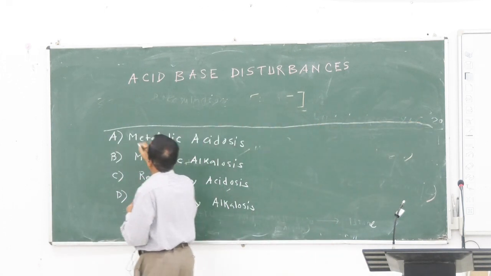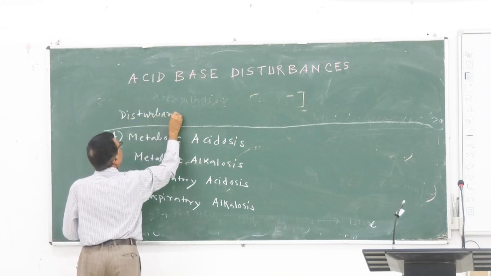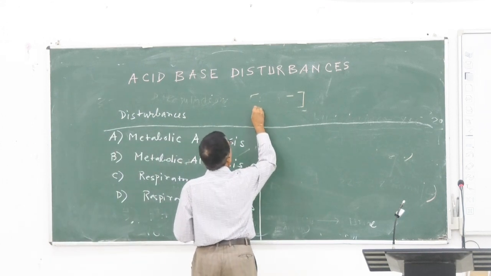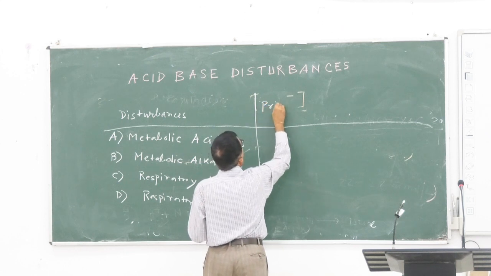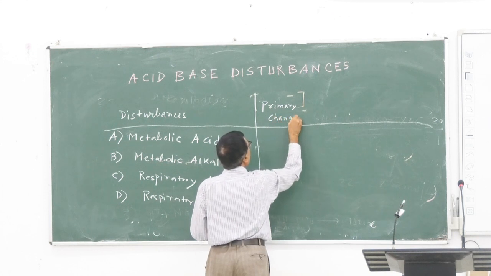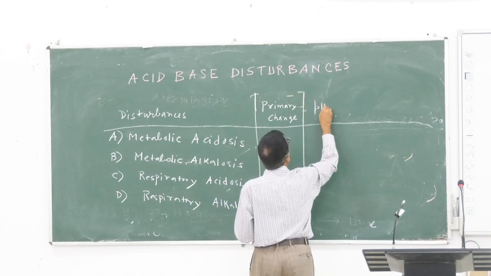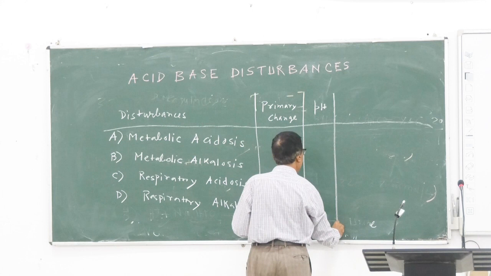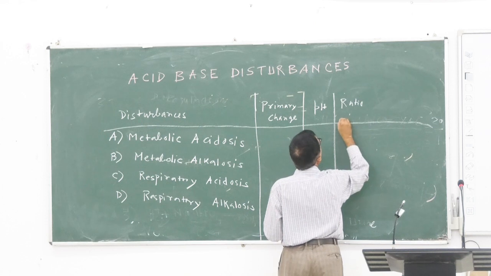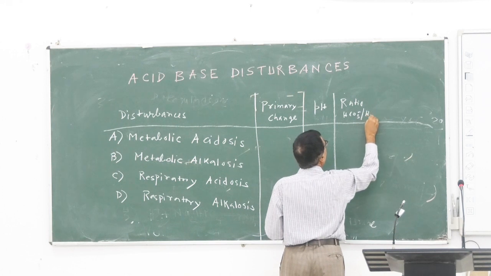So this is the disturbances. এই ডিস্টারবেন্সের প্রাইমারি চেঞ্জ কি হয়? একটা হচ্ছে প্রাইমারি চেঞ্জ, পিএইচ কত হবে? রেশিও means bicarbonate by carbonic acid.